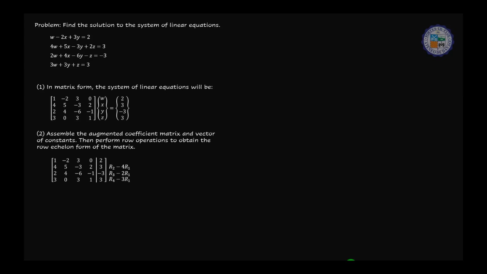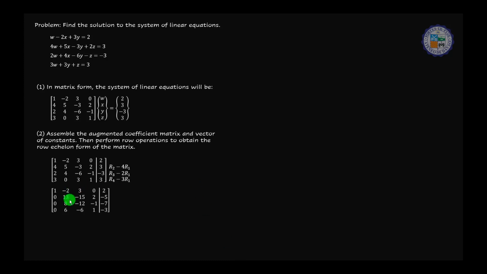And for row 4, we have row 4 minus 3 times row 1. Again, the target is to convert these three elements into 0. Upon computation, we find the following new element values of row 2, row 3, and row 4.